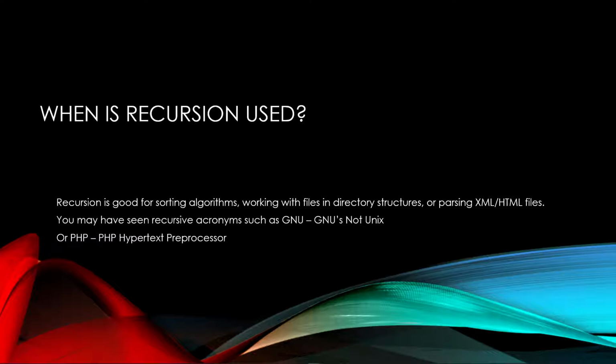But when do we use recursion? A recursive function is really good for sorting algorithms, working with files and directory structures, or parsing XML or HTML files. HTML, being hypertext markup language, is websites and things of that nature.